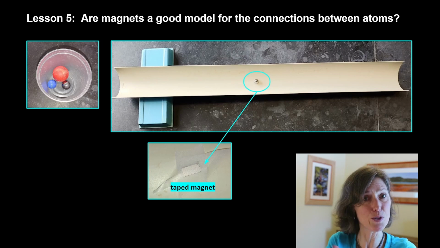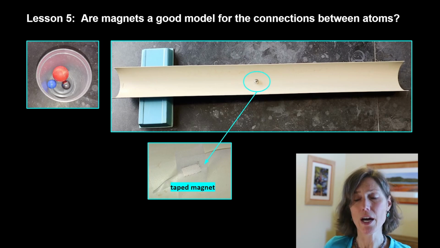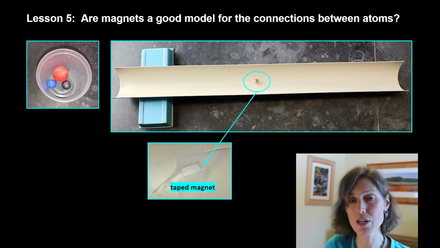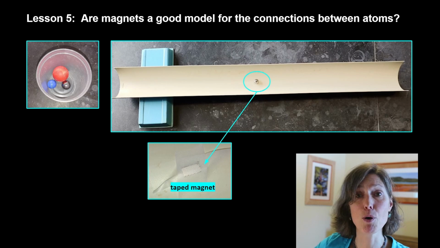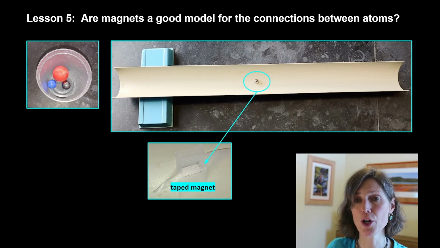Well, I used a ramp that I got from my earth science colleague. I used a pretty strong neodymium magnet taped underneath the ramp, and both a metallic and some non-metallic marbles to try and break the bond between the magnet and the metallic marble.